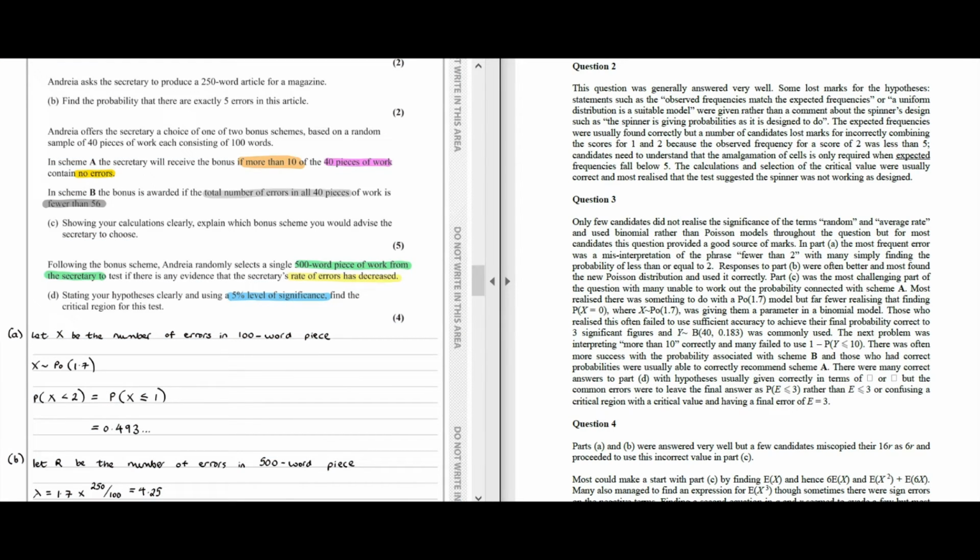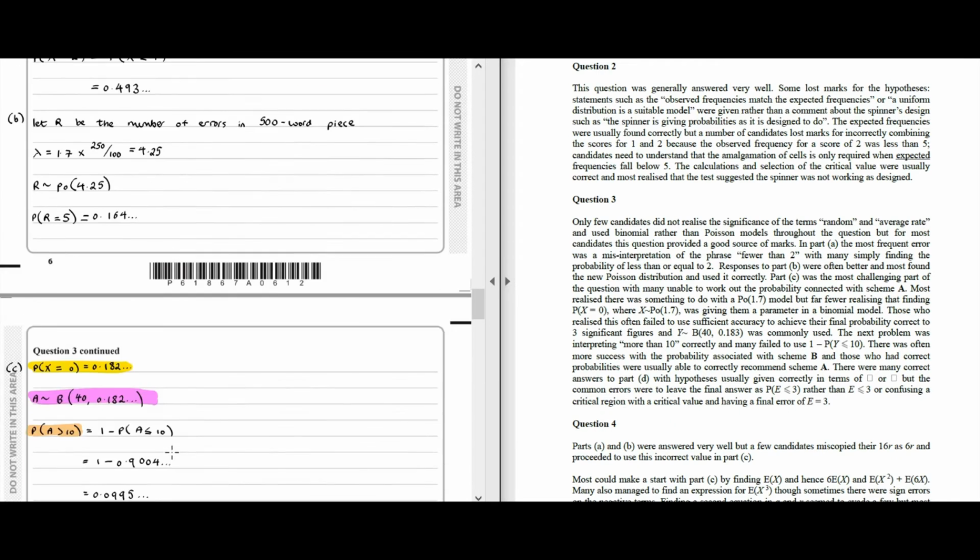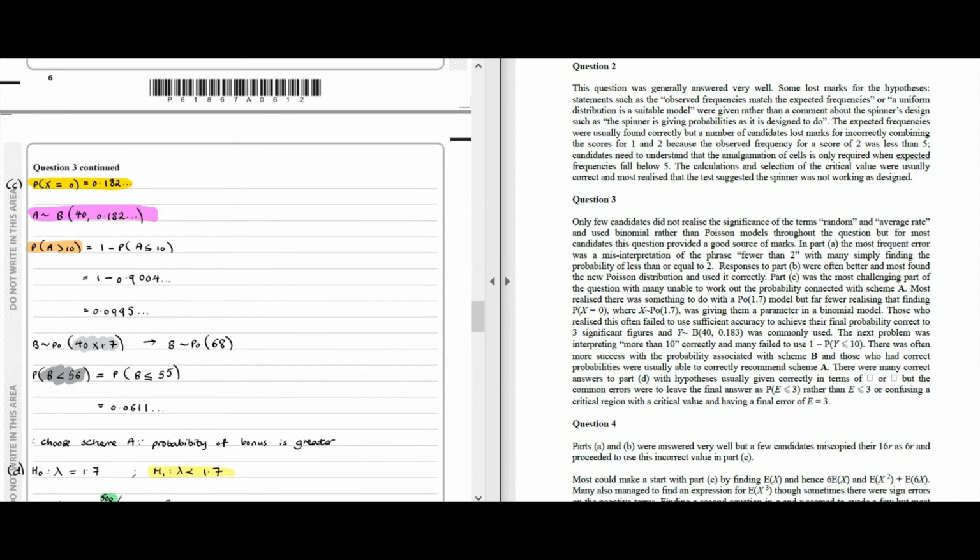Responses to part B were often better and most found the new Poisson distribution and used it correctly. Part C was the most challenging part of the question, with many unable to work out the probability connected with scheme A. So what did we have to do for that? So that was this part over here. So let's have a read why that was.